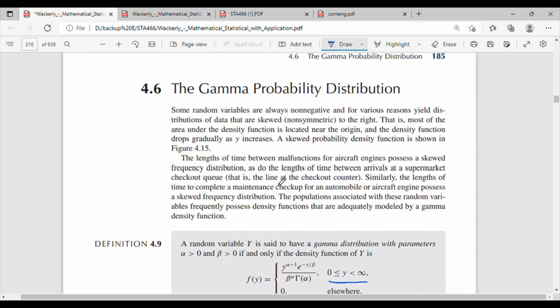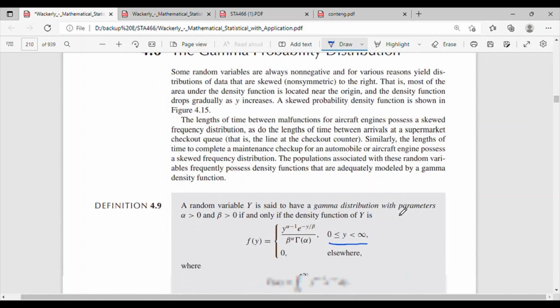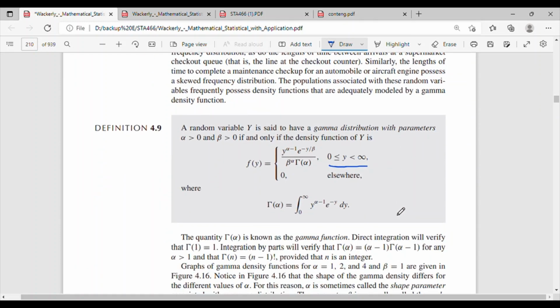Another example is the length of time between arrivals at a supermarket checkout queue, or the length of time to complete a maintenance checkup and so on. Then the probability density function for the gamma distribution is this one. From this point you need to memorize this function of gamma.